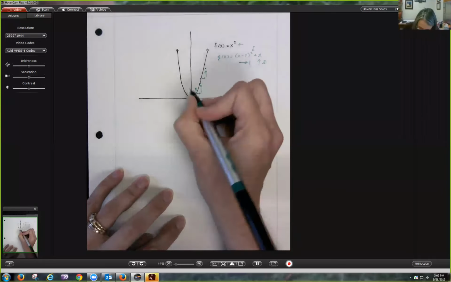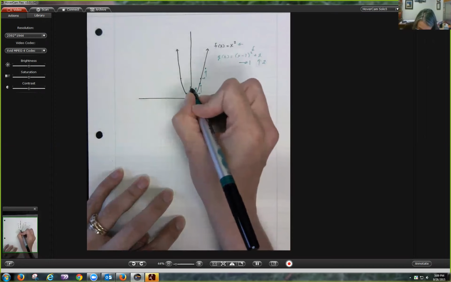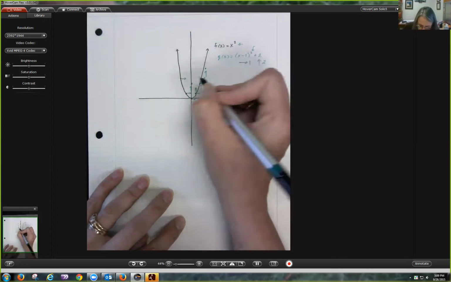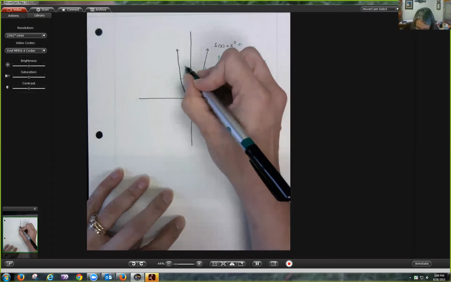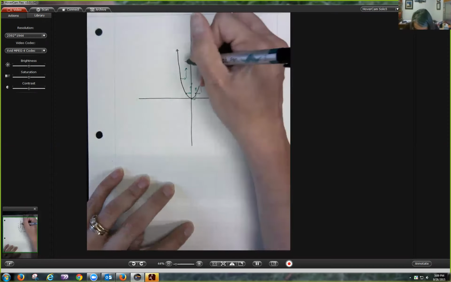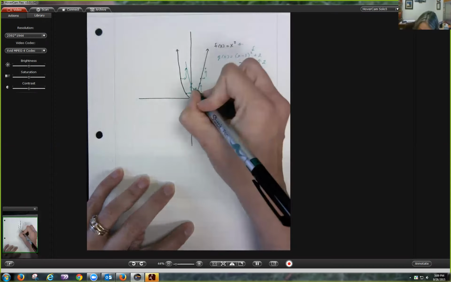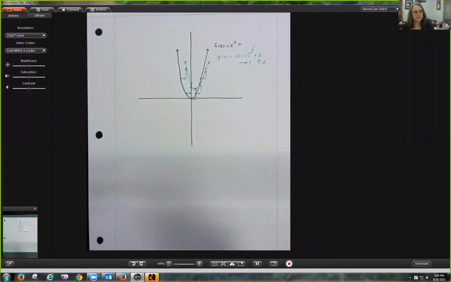And I can do the same thing on the other side of my parabola. Take this point at negative 1, 1, and go right 1 and up 2. This point at negative 2, 4, go right 1 and up 2. Connect the dots. And I get the same basic shape, shifted 1 and moved up 2.